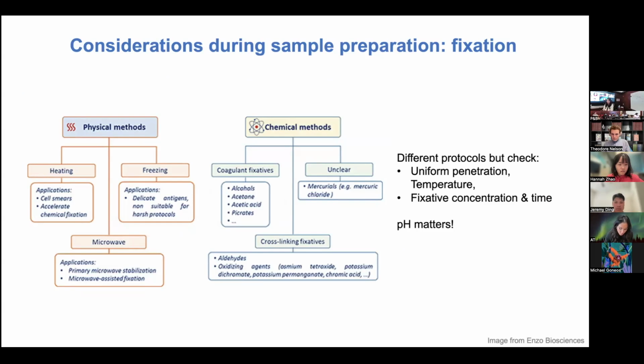And a lot of you are familiar, if you're doing lab biology, that there are two different ways, right? You can do physical preservation by freezing them, which is a typical way for any kind of tissue samples from biopsy surgeries or experiments. For chemical methods, there are a couple of different ways.